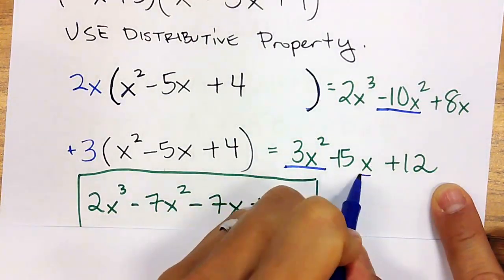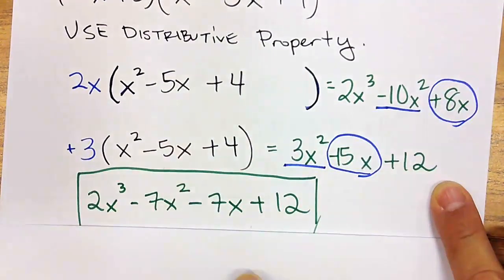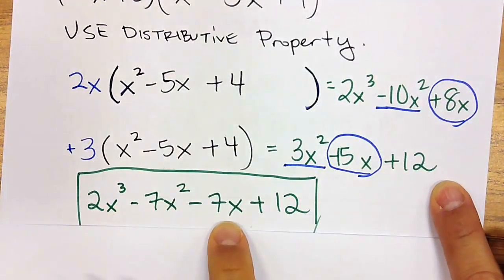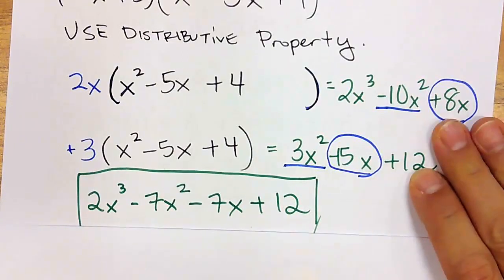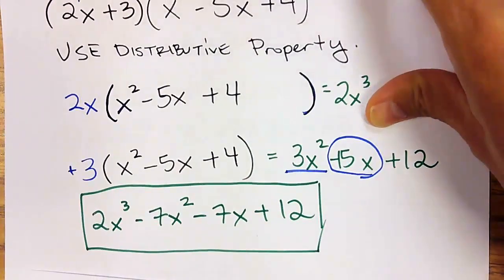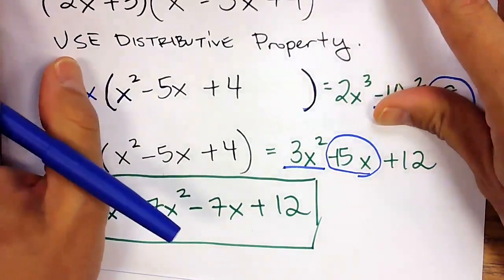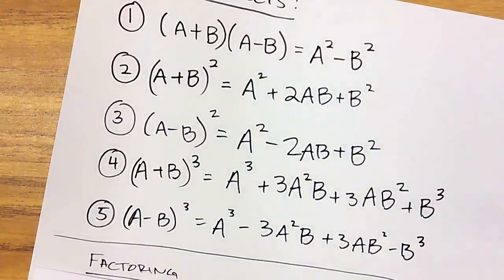And then I have a negative 15x and a positive 8x, which makes negative 7x. And then I just see a 12, which is just a 12. So that's the way we multiply non-binomial polynomials together.